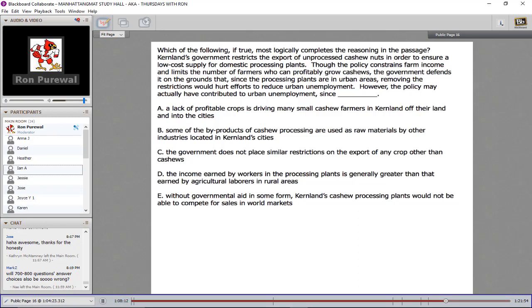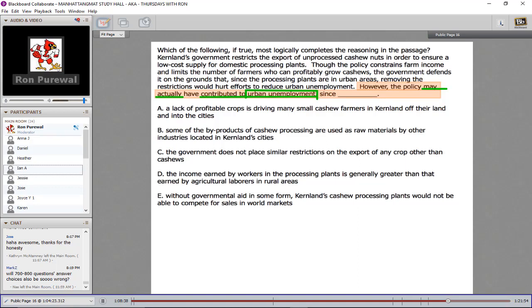So this time you're filling in a blank, but it's still the same idea. It may actually, so you need to provide some sort of evidence for this. Contributed to urban unemployment. So we need to figure out what the policy is. And then we need to clarify two things.